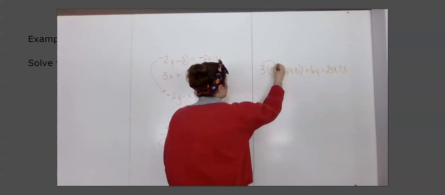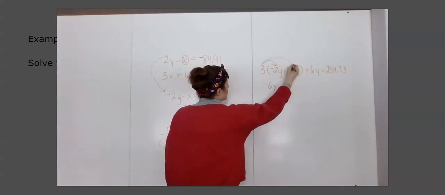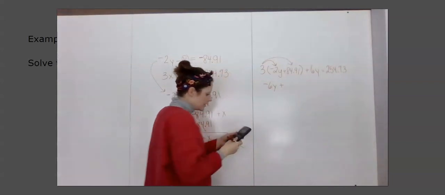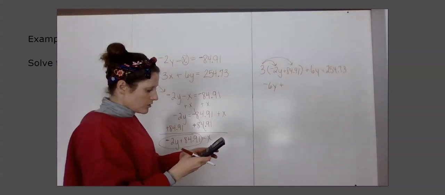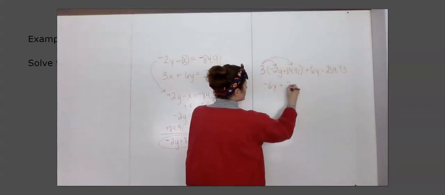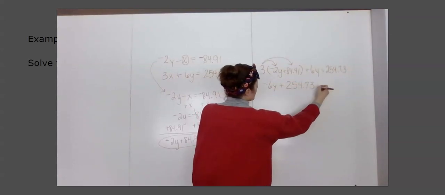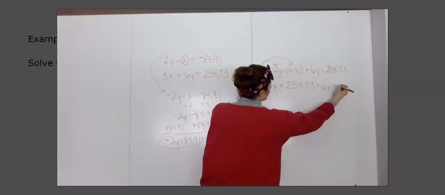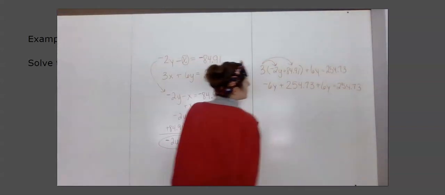We're going to distribute. 3 times negative 2y is negative 6y. 3 times a positive is going to be a positive. 84.91 times 3 equals 254.73 plus 6y equals 254.73.